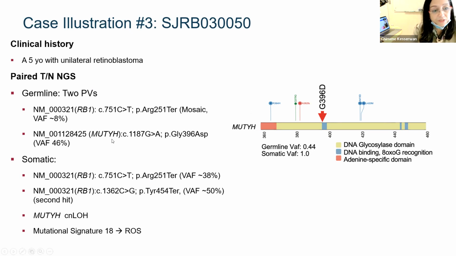But at the same time, we got a MUTYH variant at 46% variant allele fraction. We know that biallelic pathogenic mutations in MUTYH will be associated with MUTYH-associated polyposis, not the monoallelic.